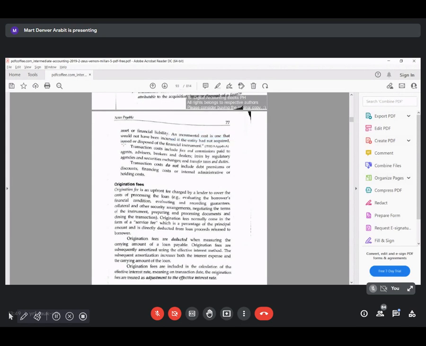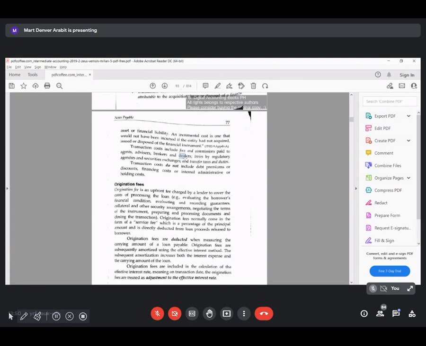So transaction costs include fees, commissions to agents, levies by the regulatory agencies. So ito yung documentary stamp tax and yung notarial fee na binayaran natin sa mga dealers.